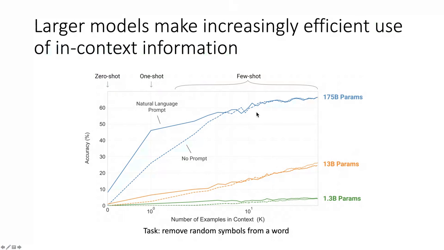And so you see that bigger models improve, so the blue line, for instance, versus the orange or green line, improve accuracy a lot compared to smaller models when you provide more examples. So when you have more in-context information, you have a bigger boost in accuracy with larger models. So this means in-context learning scales with the capacity of your model. So that's an interesting finding.